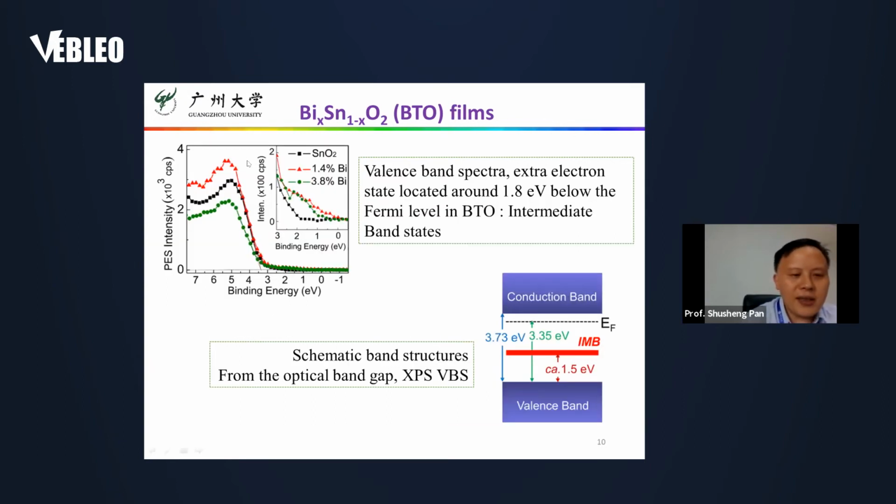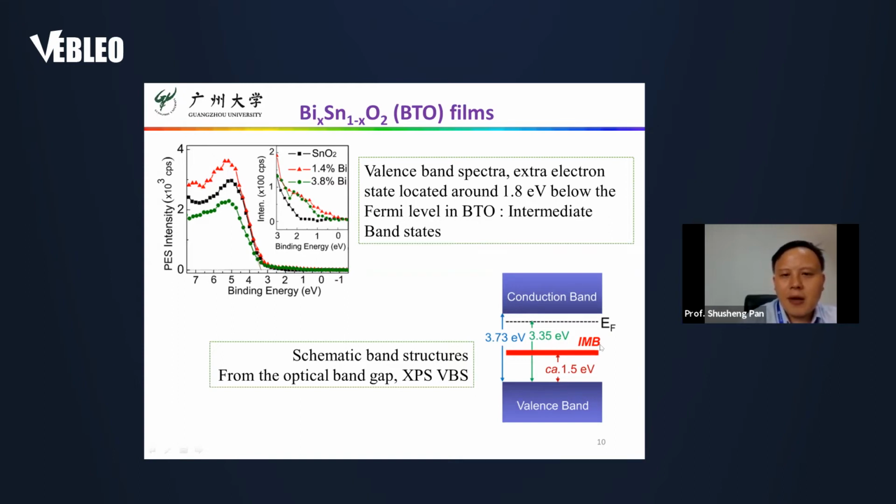This is the XPS valence band spectra. From this spectra, one can see there is an extra electronic state located around 1.8 eV below the Fermi level in BTO, which comes from intermediate band states.